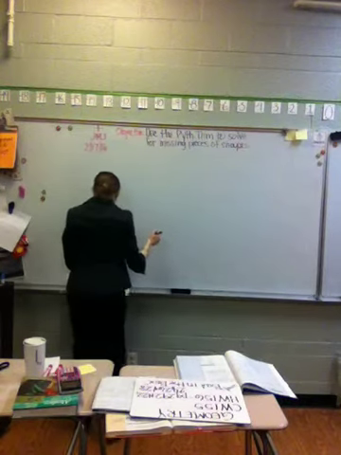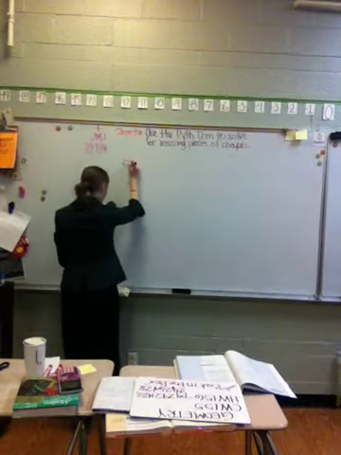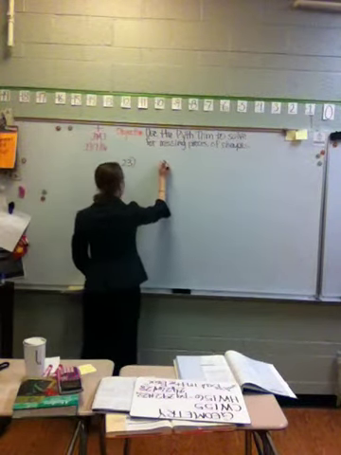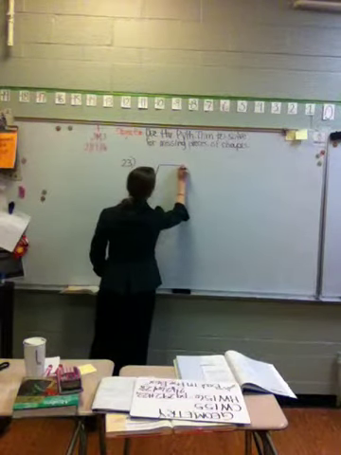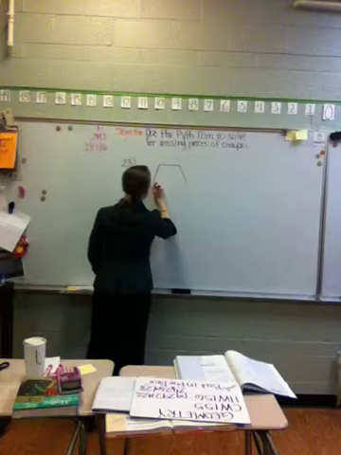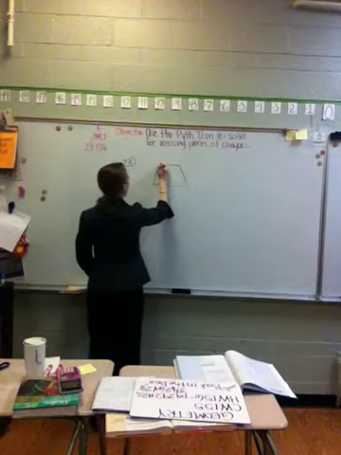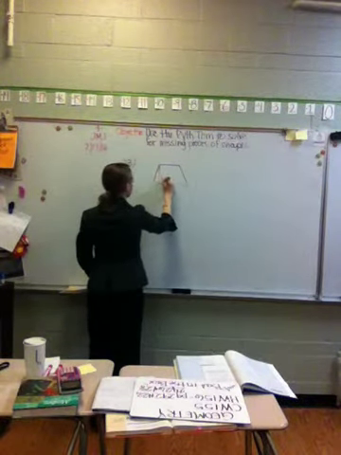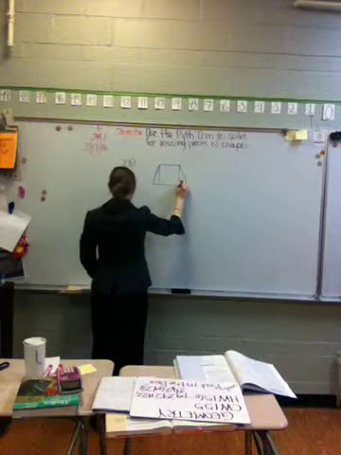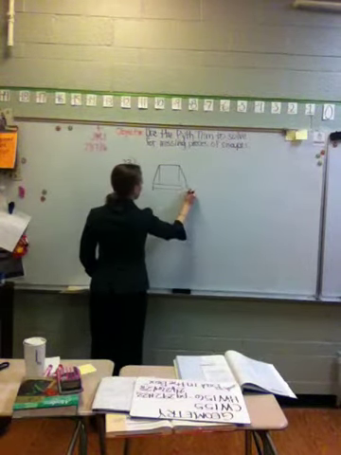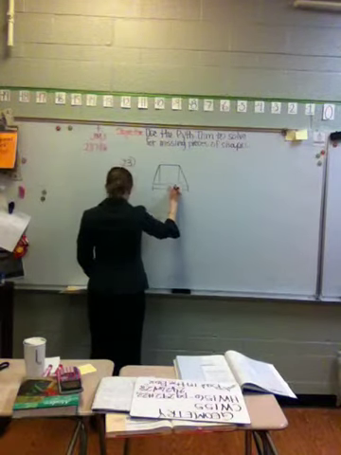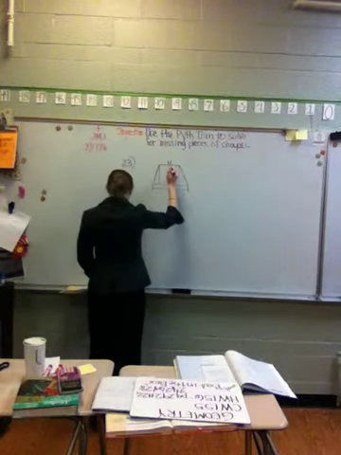All right, so we have number 23. I'm on page 293. I have this isosceles trapezoid, which is nice that they're giving us nice shapes to work with. I have the altitude on both sides, and they've given me that the base is 21. This is 11.